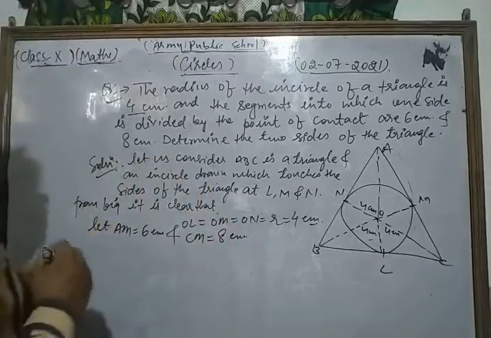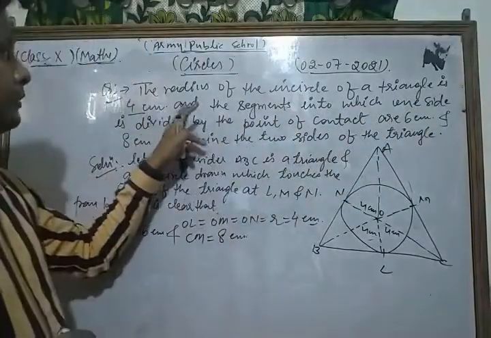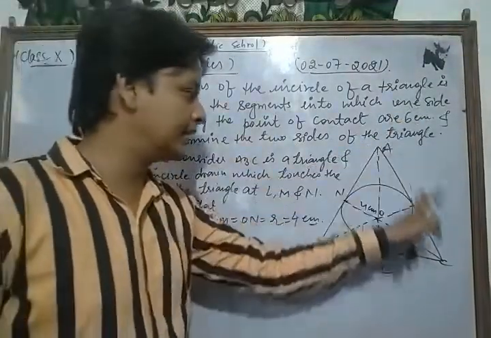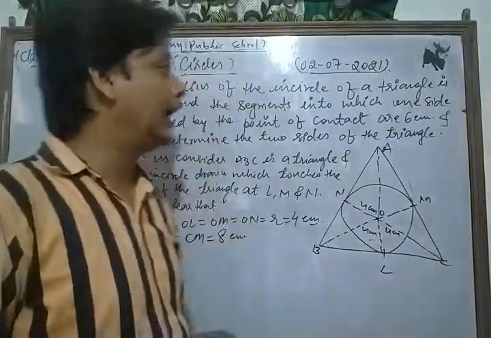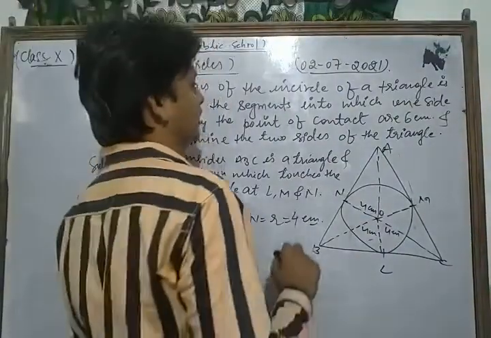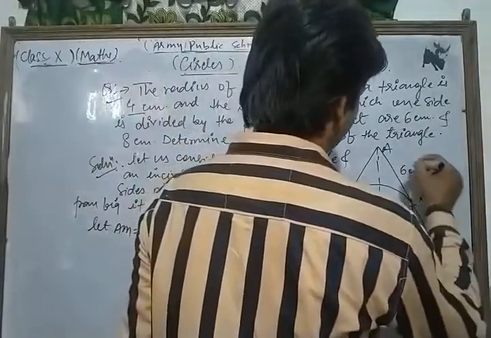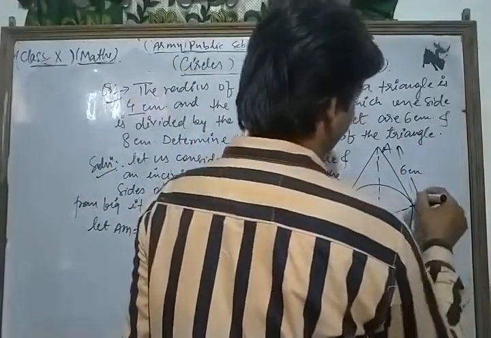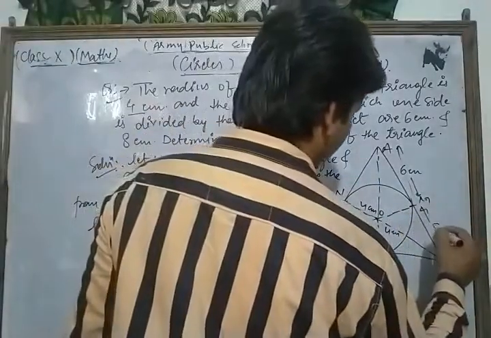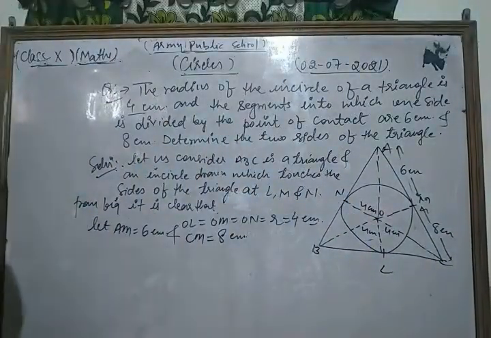So let us take one side to be AC, divided by the point of contact into 6 centimeter and 8 centimeter.